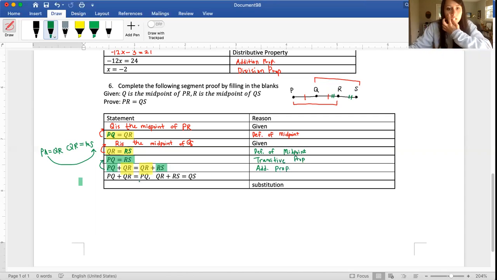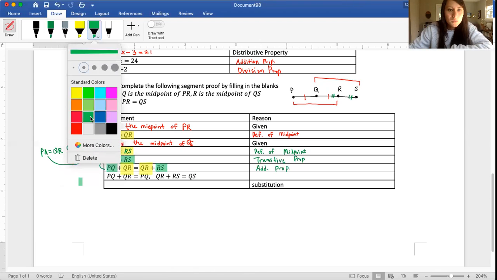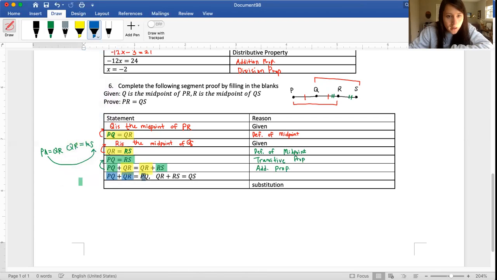And then looking down below, I've got if PQ plus QR equals PQ and QR plus RS equals QS. Okay, so where did this come from? I'm going to use a different color here. So I've got PQ plus QR equals PQ. I think this should actually be written as PR.